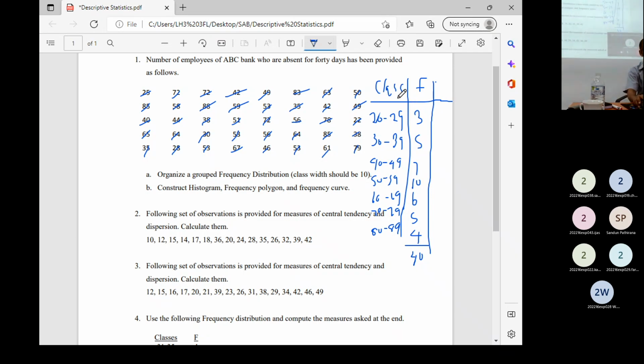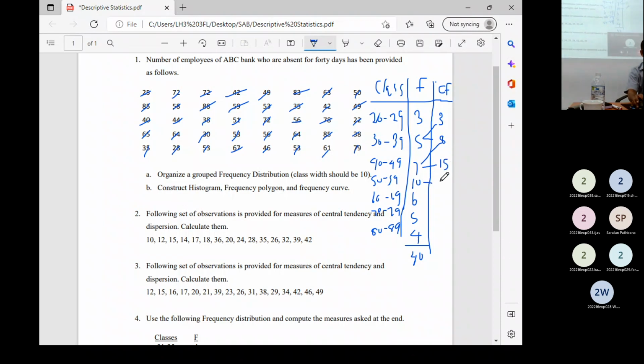Right now, I take class frequency, and another column, cumulative frequency. From class to class, you add. The first one is 3. When you add 5, it will become 8. When you add 8 plus 7, then 15.